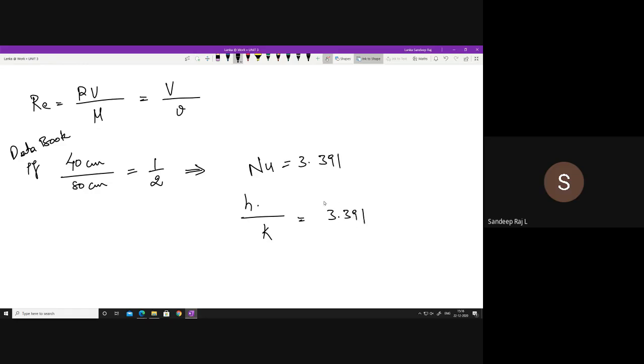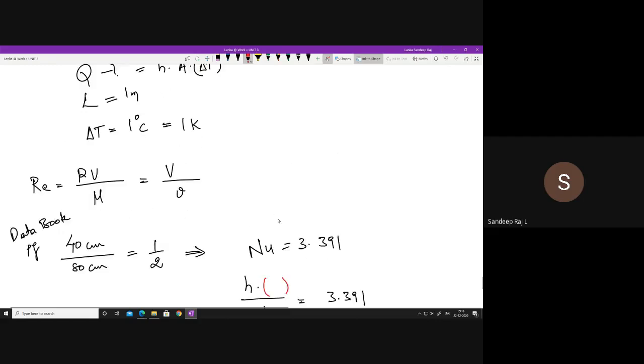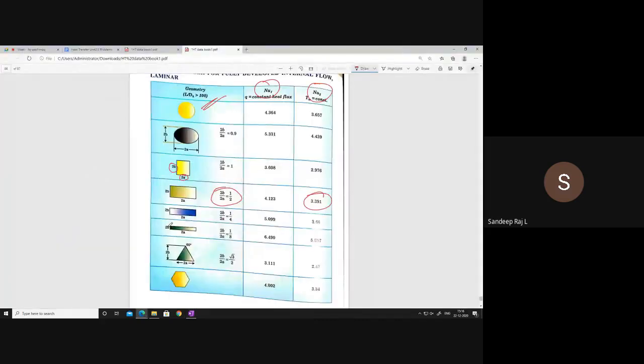So what is the blank that I have left here? Somebody tell me whether you will take this 40 or 80. Again, the answer lies in your data book.